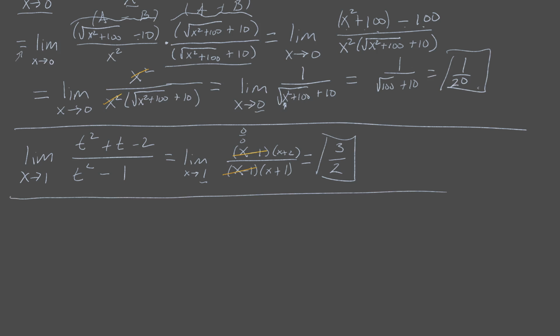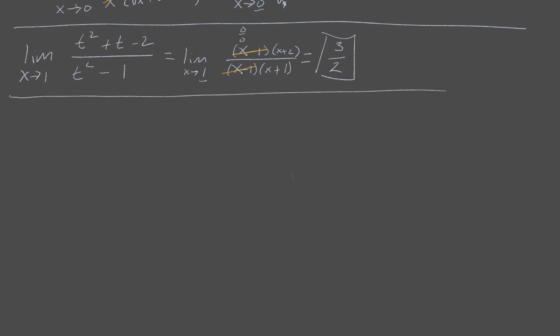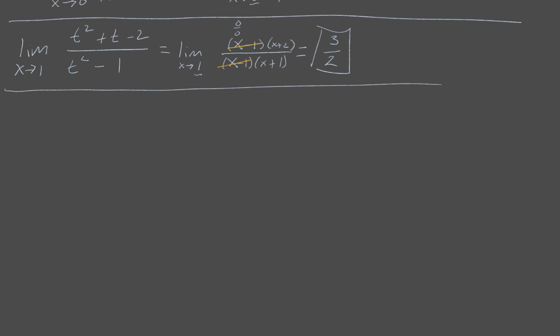Okay, let's do one more of these, and then we'll talk about the squeeze theorem really quick, or the sandwich theorem real quick. Okay, so let's look at the limit as h goes to 0 of 3 divided by the square root of 3h plus 1 plus 1.